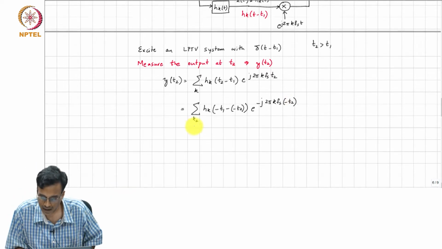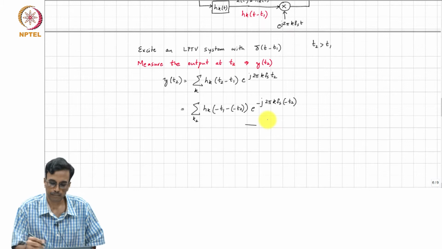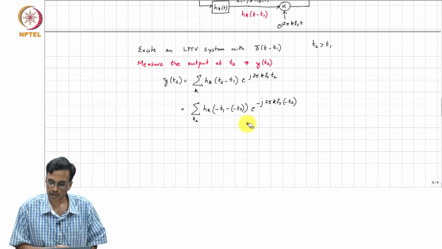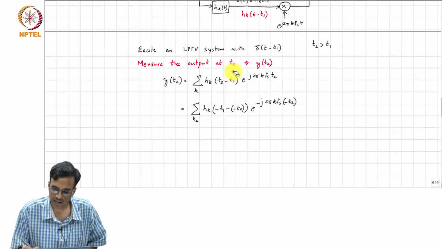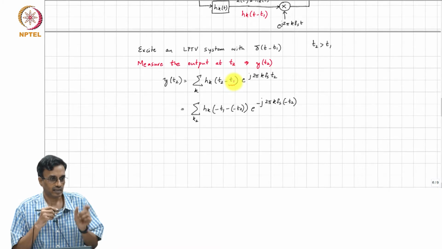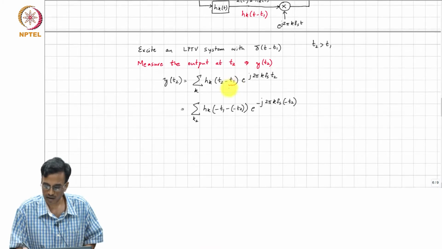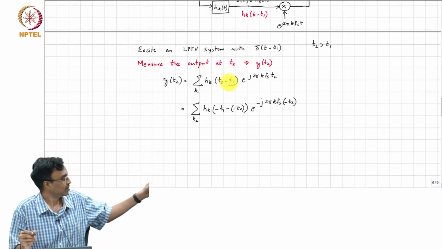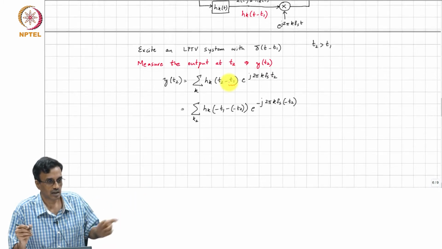Now, the question is, how do we interpret this? Remember in the first expression, t2 is the time at which we are observing, and t1 is the time at which the input is applied.